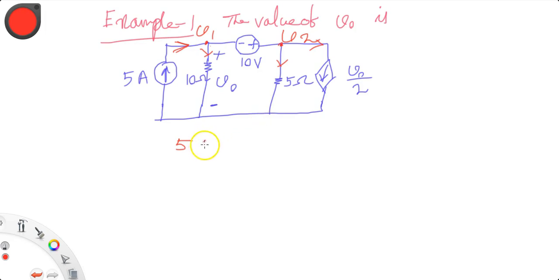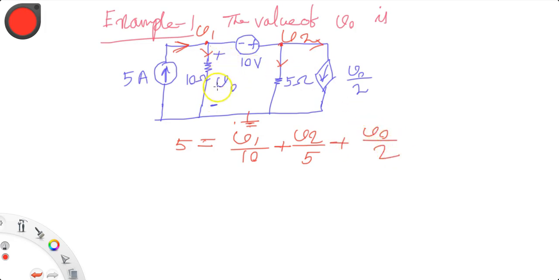So 5 amperes is equal to, obviously make it ground, V1 upon 10 plus V2 upon 5, then plus V0 upon 2.